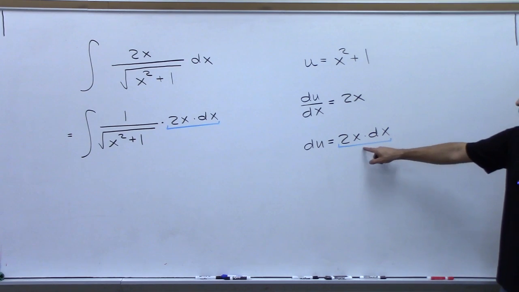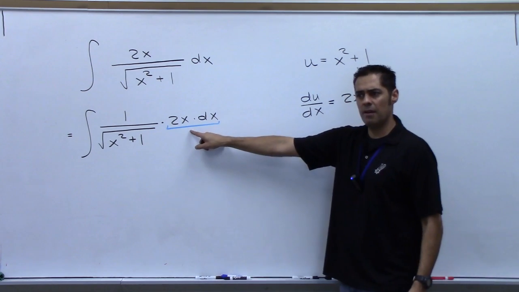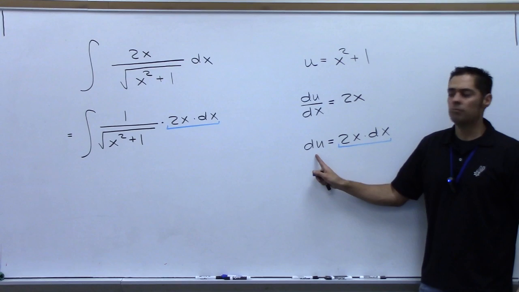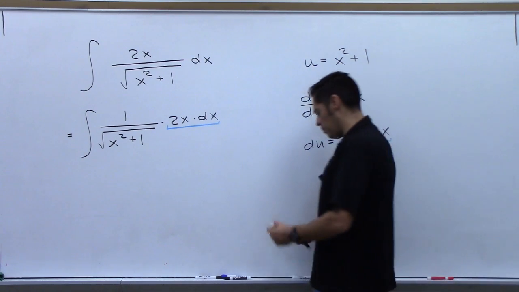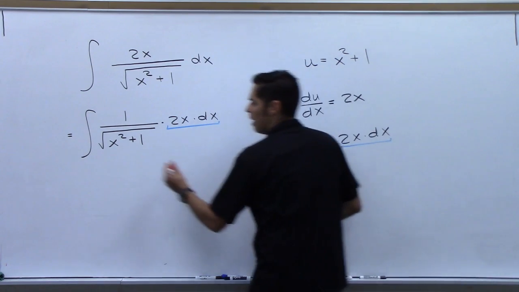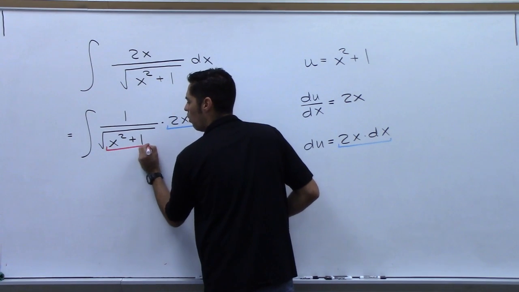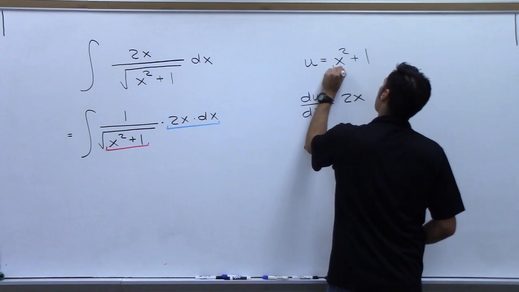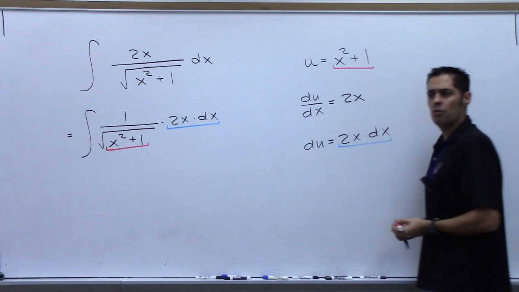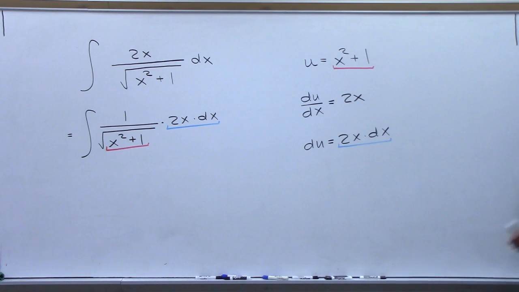I will be able to replace that entire blue piece, right, with du. And then I will be able to replace x squared plus 1, the whole thing, right, with u. Understand that?